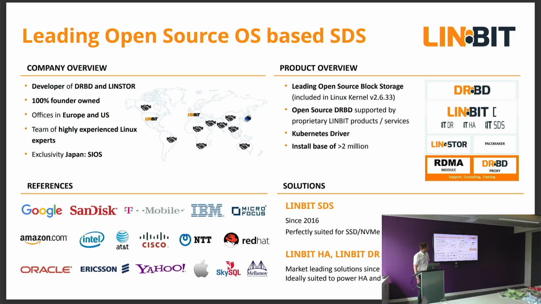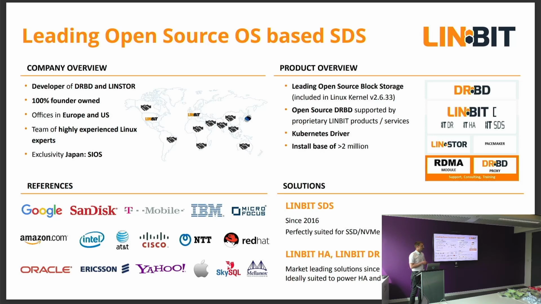LINBIT as a company started with DRBD, which is our basic technology. It's included in the Linux kernel since 2.6.33. It is the block replication technology. It is open source.